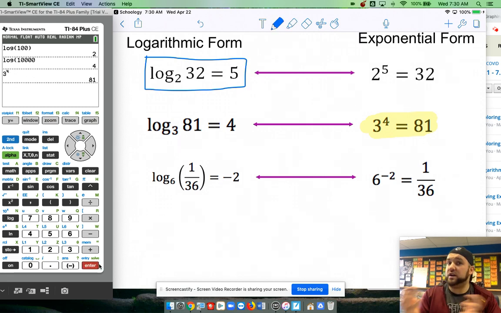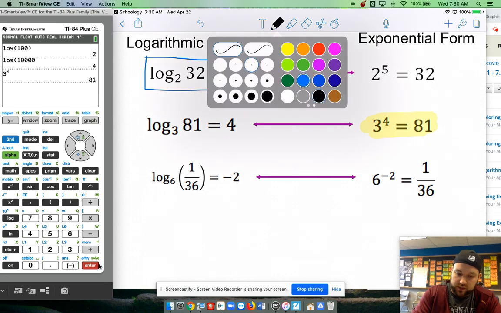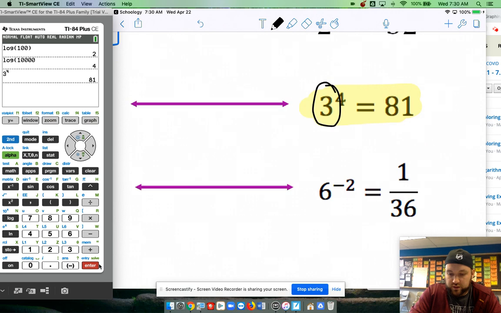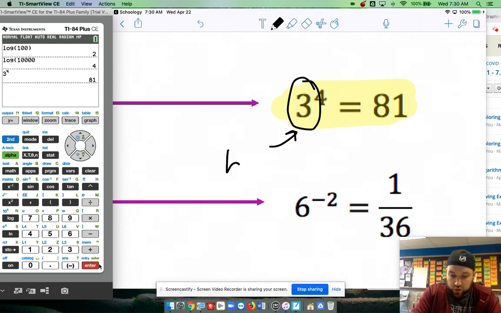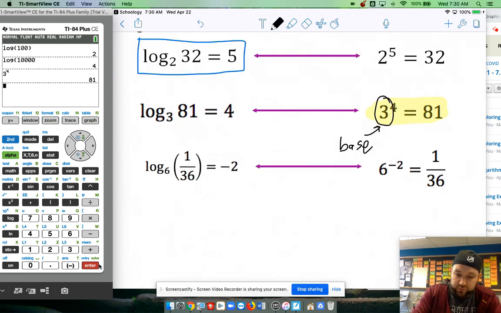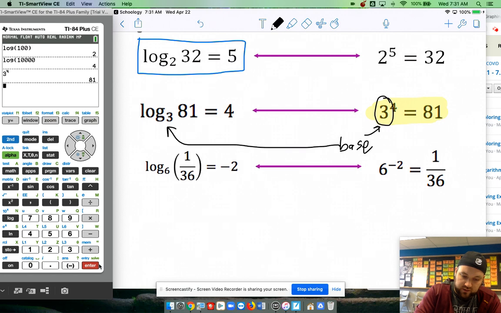The way I could rearrange that as a logarithm is log base 3. This number right here, this 3, is also called the base. That's a convenient parallel between the two: the word base is used for both.